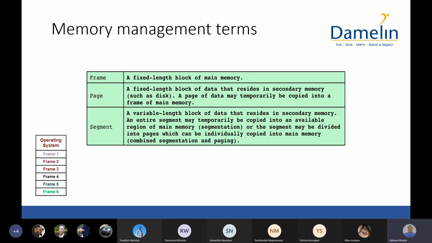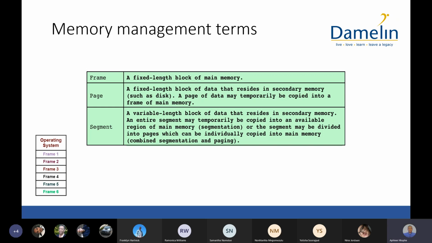So you take a program, maybe you want to open up a web browser to browse the internet. When you click on that web browser, it becomes a process. So in terms of pages, that process will be divided into equal parts, and those equal parts of the process are sent to the RAM and are assigned frames.